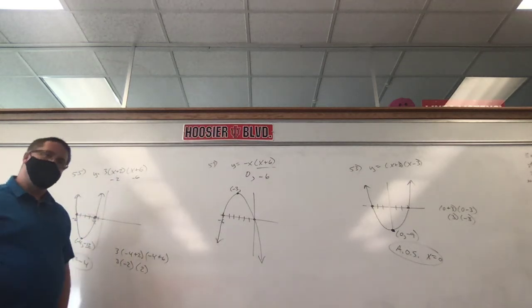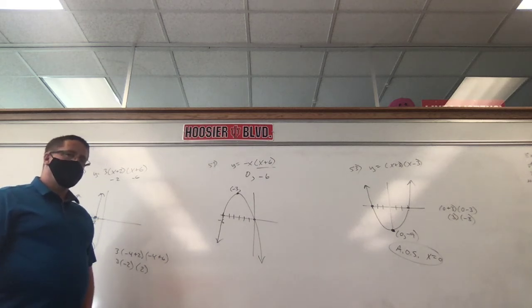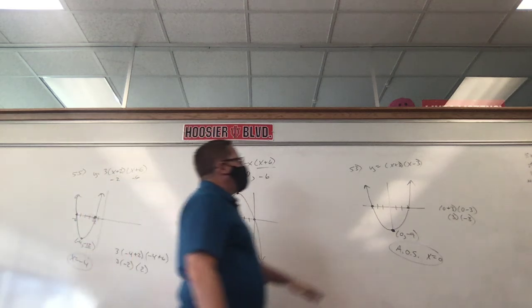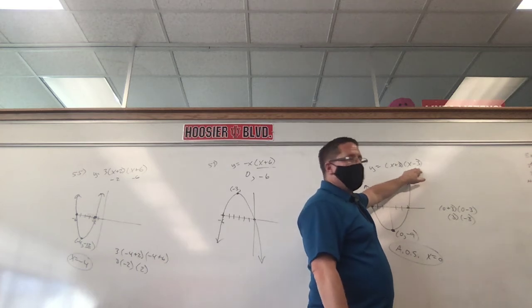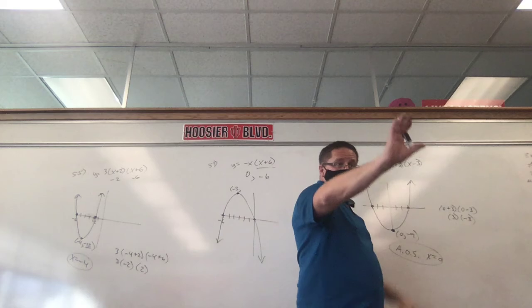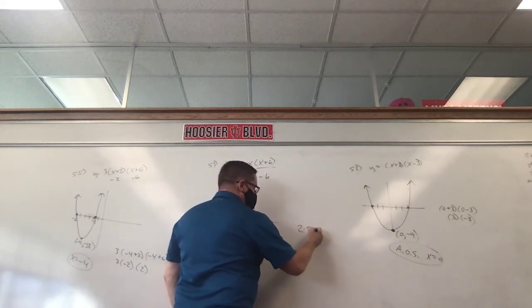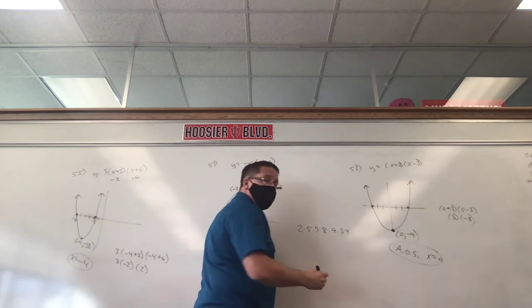I'm confused. Yes, sir. So what do you mean we plug in just the positive 6 to make it the negative 6? What we're saying is this. You said opposites, and I said good job, and you were right. Here's what I probably should have said. What turns this into 0? Tell you what, if I give you this right here, no calculator: 2 times 5 times 7 times 8 times 9 times 3 times, do you know this yet?